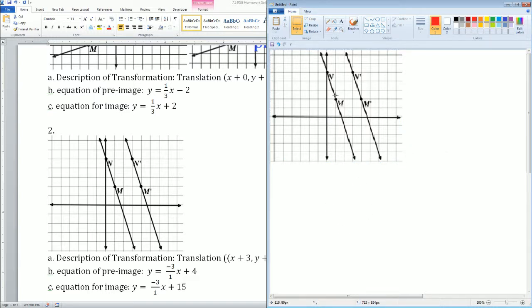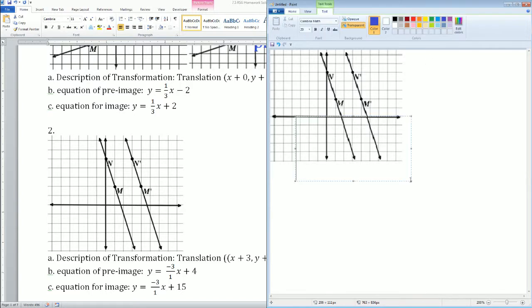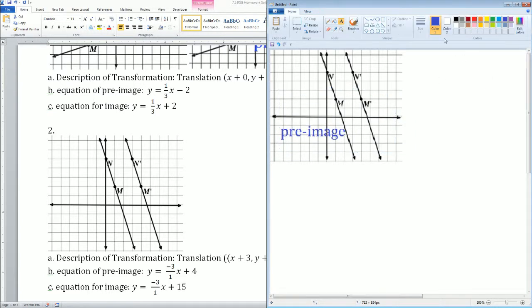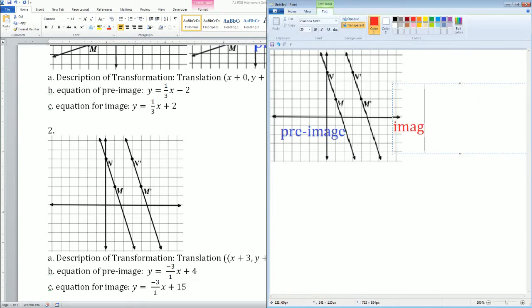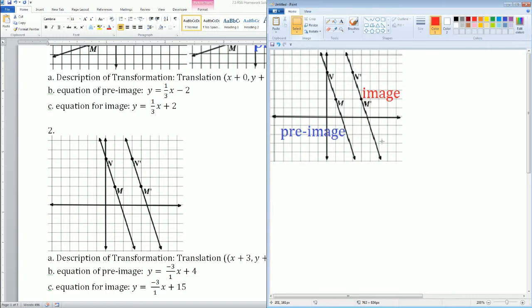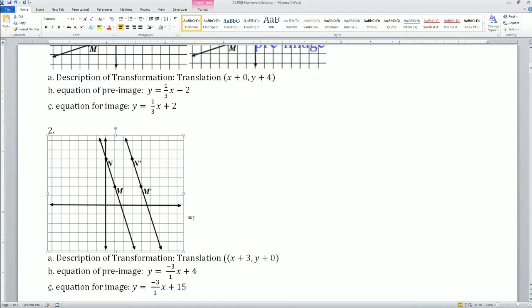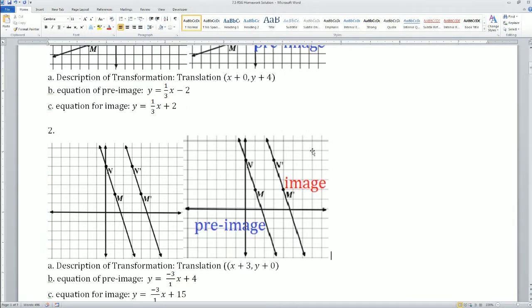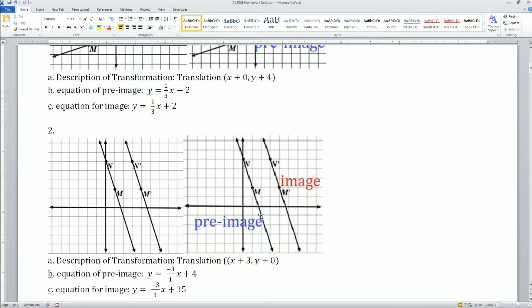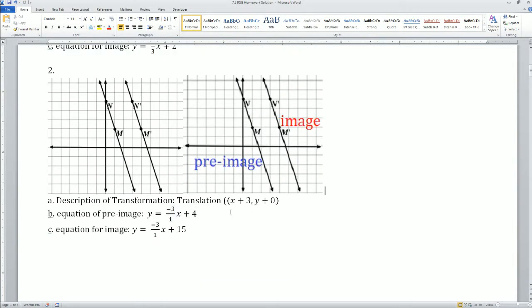The original is L and M, so we can call that the pre-image. And the new one is the image. There you go. That is how it would look. That is the pre-image and that is the image.